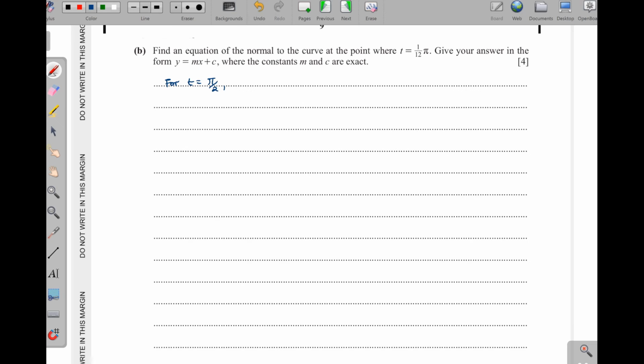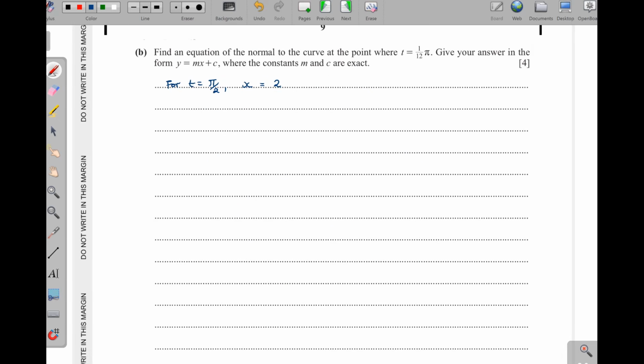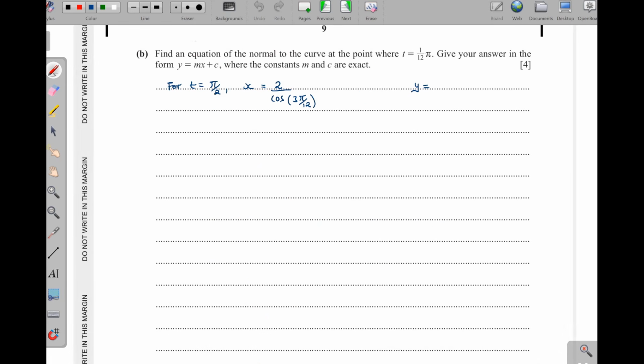What is x? So x is going to be equal to, remember when we check, it is 2 sec 3t. 2 sec is 1 over cos. Then y is going to be tan 3t.